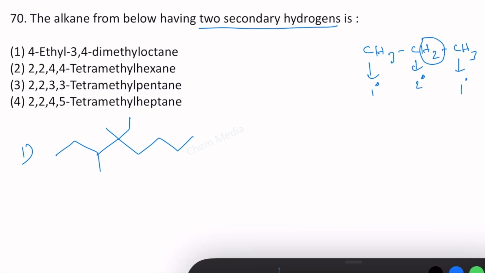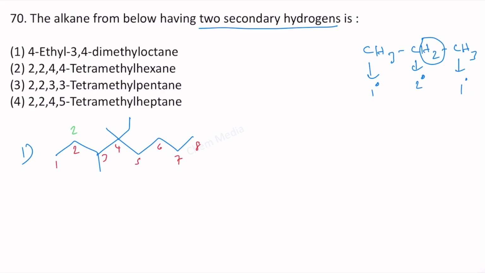Let me number it. Now, this is a secondary carbon, this is a primary carbon, and the carbon atom here, this one is tertiary carbon, this is primary, this is primary, this is also primary, this is a quaternary carbon, the one here, and this is a secondary carbon, this is also secondary, and this one is secondary, this is also secondary, this is primary.